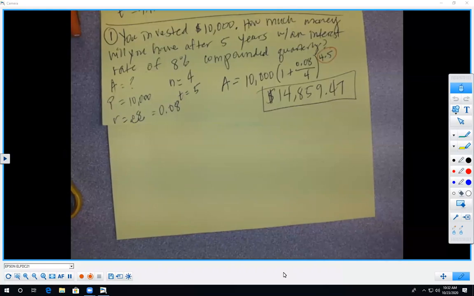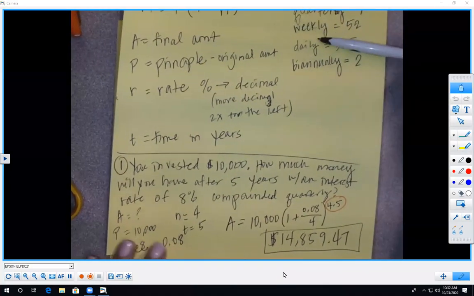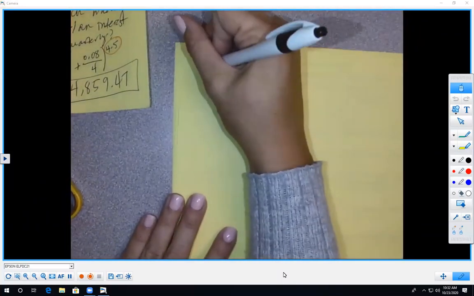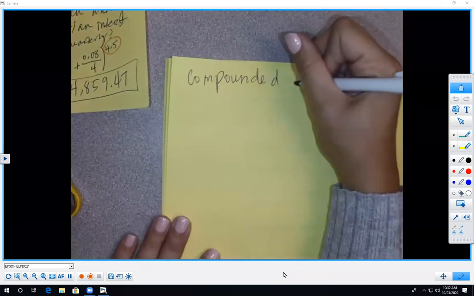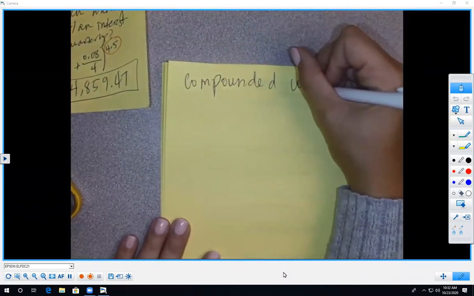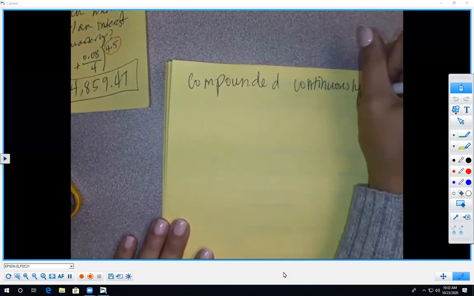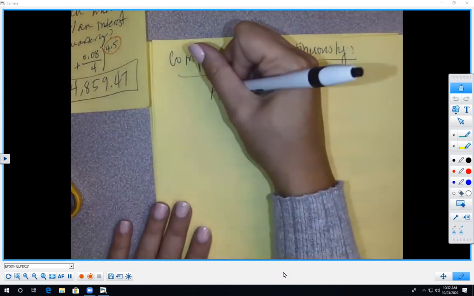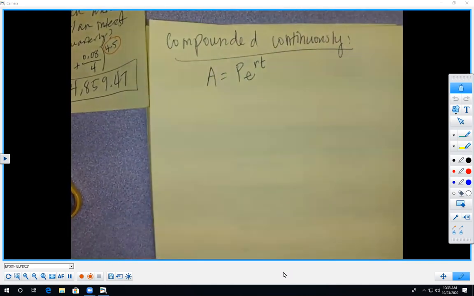We have another formula. This is the one you use if it is compounded a specific number of times per year. We have another formula for when you compound something continuously. So it's like compounding every second of every day. That formula is A equals P e to the rt.